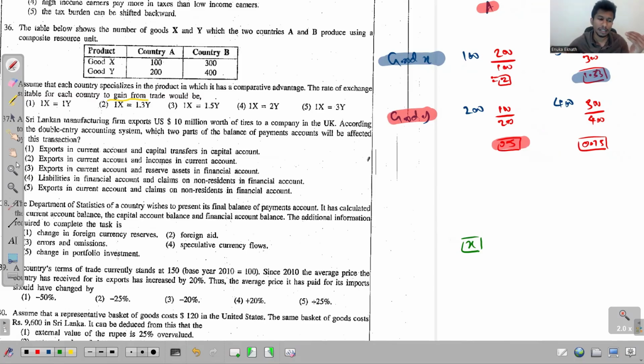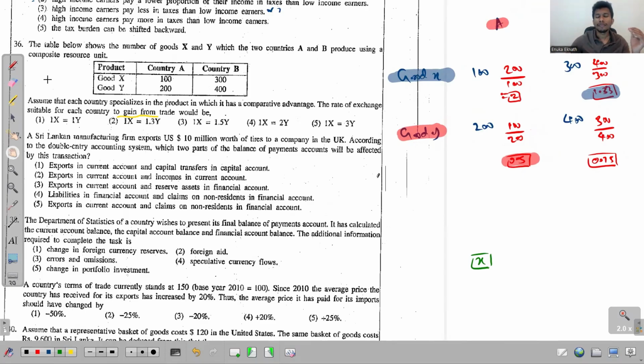Now we recognize it's this country B. And so when they produce this good X, they sacrifice 1.33 units of good Y.